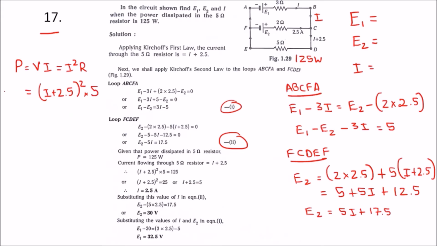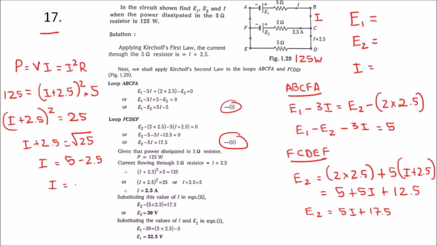We know power is 125, so (I plus 2.5) squared is 125 divided by 5, which is 25. Taking the square root, we get 5. So I is equal to 5 minus 2.5. So I is nothing but 2.5 amps.